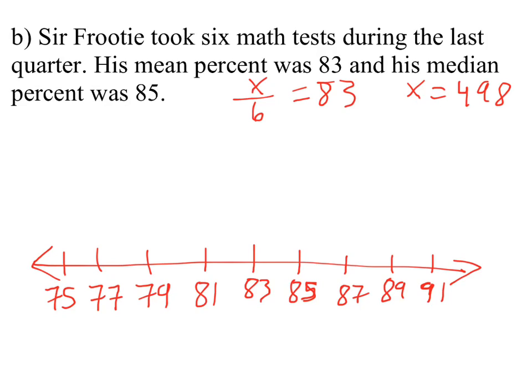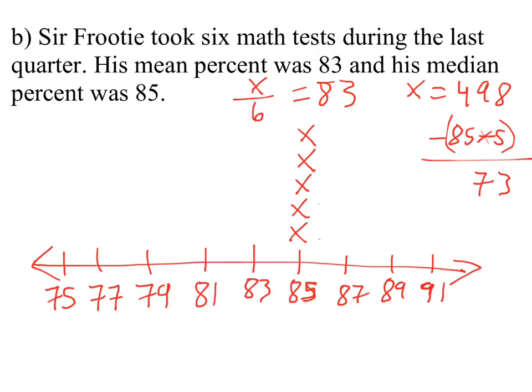So really what I could do is just have 85 be all but one of my tests. 1, 2, 3, 4, 5. There are 6 of them. So if I were to subtract out 85 times 5, I would get 73.